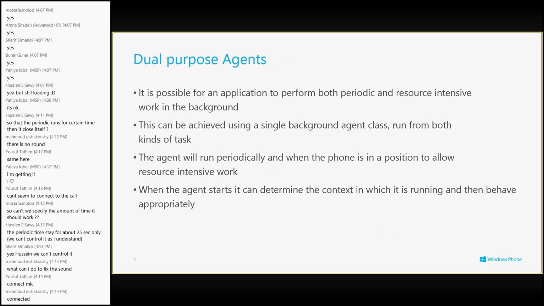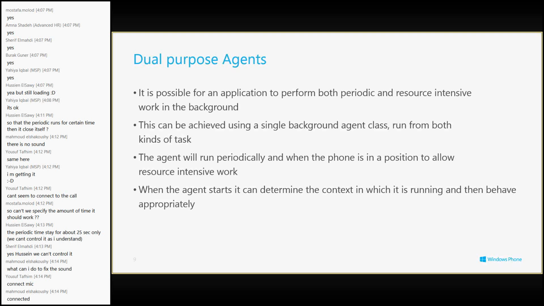So we've got also something called dual-purpose agents. It's possible for an application to perform both periodic and resource-intensive work in the background. So just not to make it confusing, you can only have one scheduled task agent project per application. And in the project, you can write code to be executed as a periodic task or a resource-intensive task.